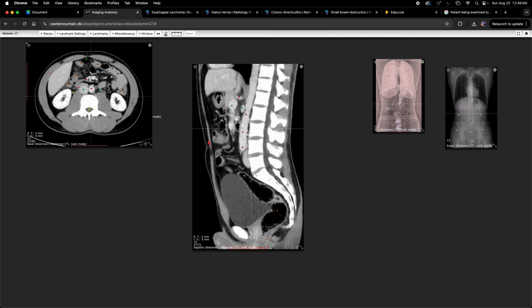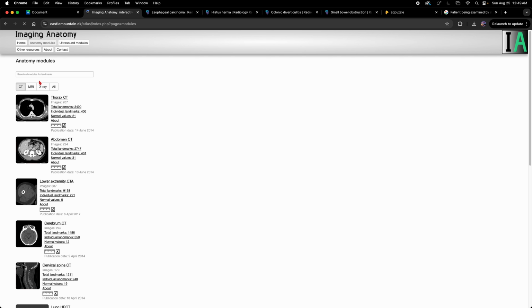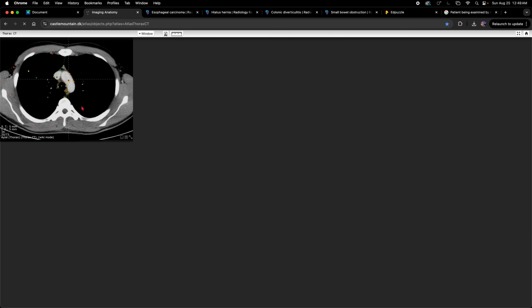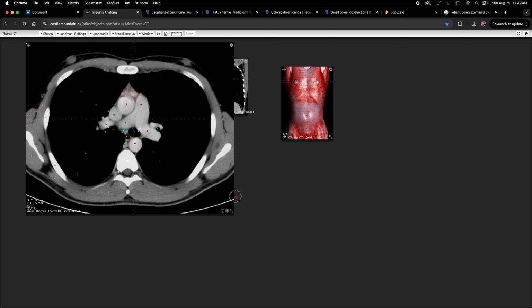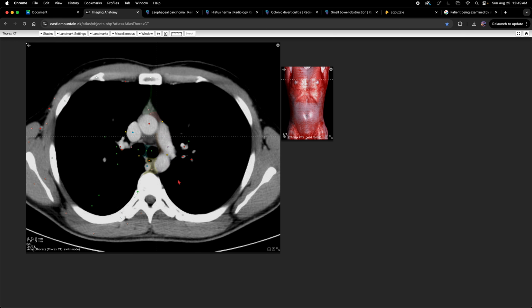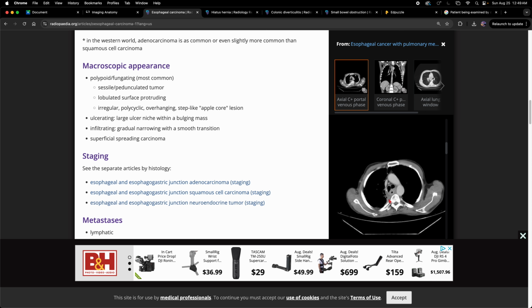Now, remember, on the chest, let me find the chest. Let's go back to the chest. And we will look at, I'm going to try to make it so it mirrors exactly with this one.